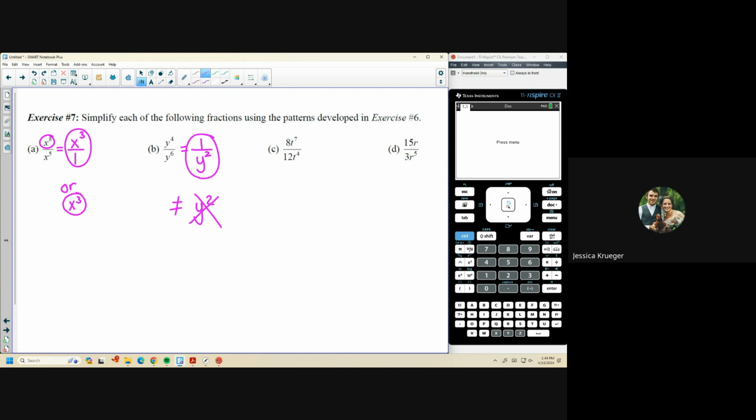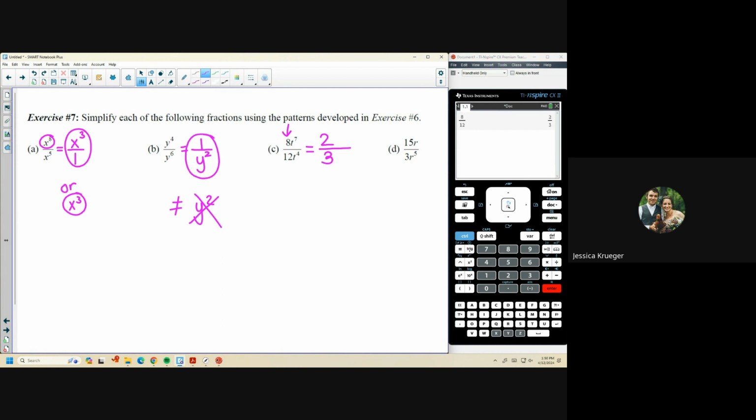Part C is a little bit tricky. I'm going to show you the shortcut, but you can always go back to using the GCF. I know that for my numbers, I'm dividing 8 by 12, so I'm going to do that using my calculator. 8 divided by 12 reduces to 2 over 3.